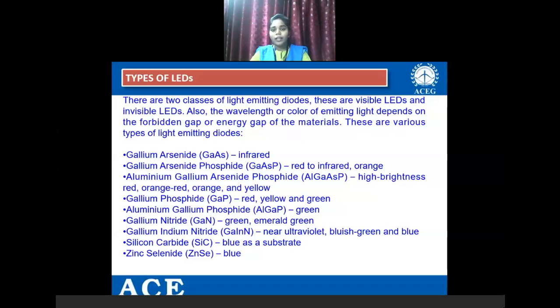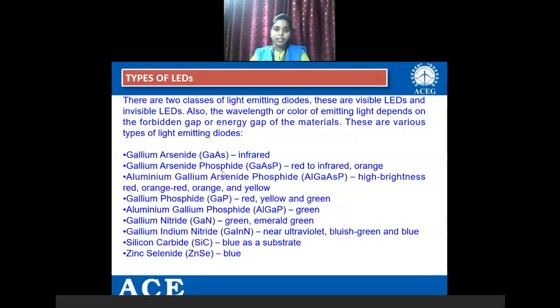Here down we can see the different types of light emitting diodes, that means different materials.